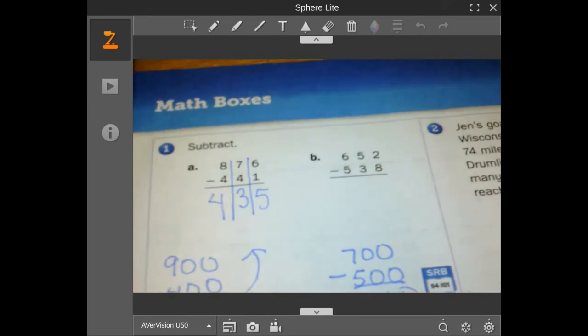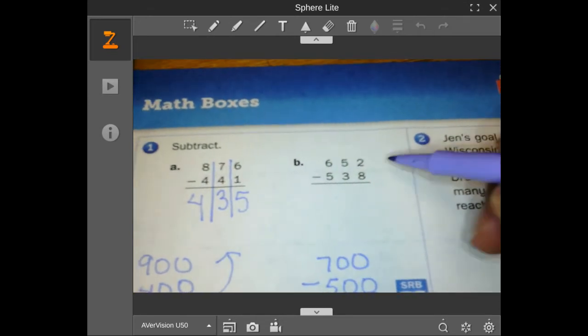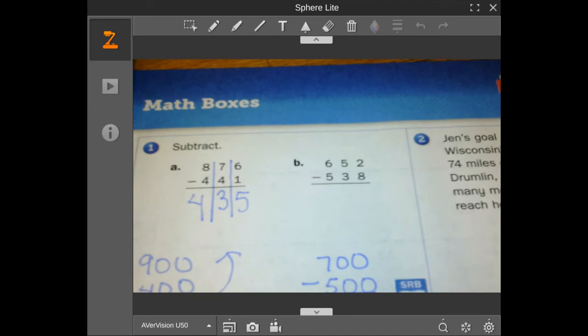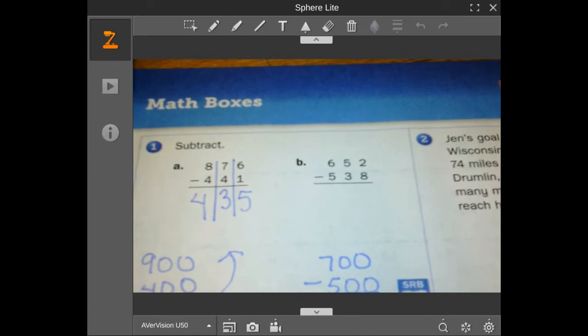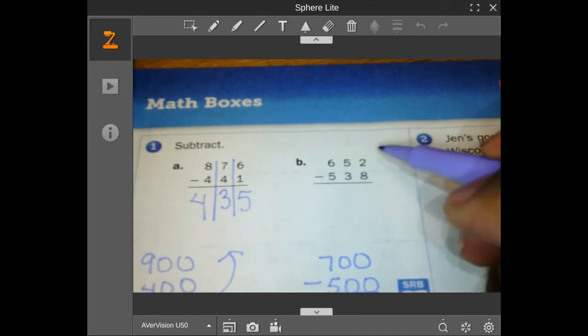Now let's solve our problem. 2 minus 8. Well, 2 is less than 8. So my first step is we need to regroup. I'm going to trade my 10 for 10 ones. Well, how am I going to do that?